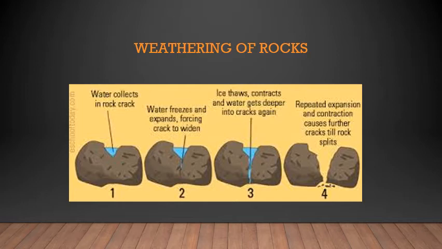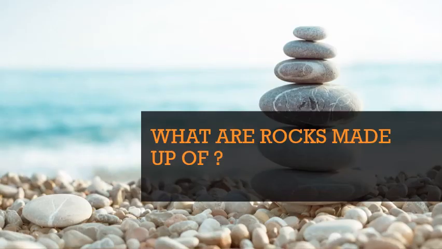Ice thaws, contracts, and water gets deeper into the crack again, and because of the action of freezing and expanding, the water gets deeper into the rock and it splits open the rock. Okay, this can happen in a large amount, it can happen in a small amount also. That action where the rocks get converted into soil is called weathering of rocks.